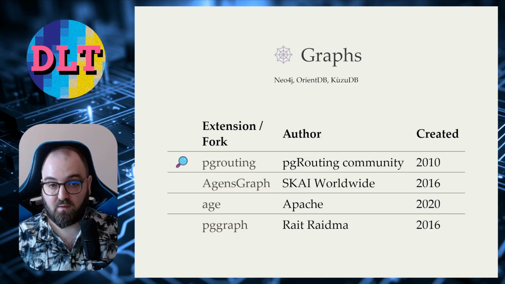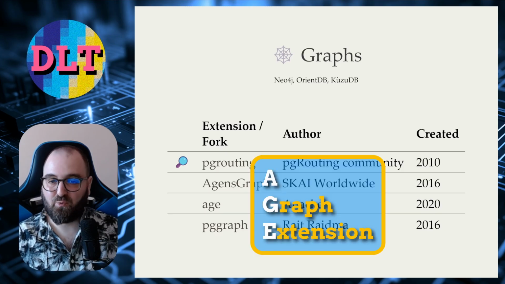Then we've got Agens Graph, which is a Postgres fork by a South Korean company called SkaiWorks. This one was fairly interesting, but it was outside of the scope of this video because we are looking at Postgres extensions, not forks. Then we've got Apache AGE for a graph extension.